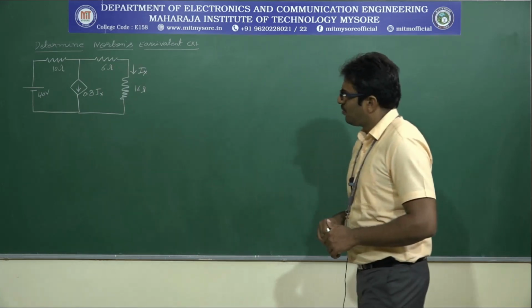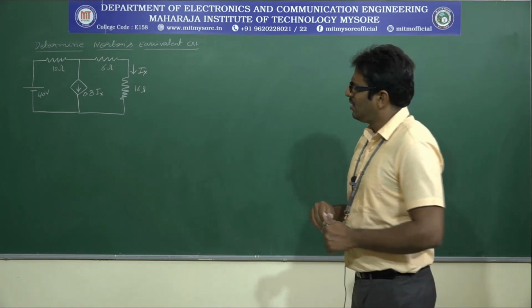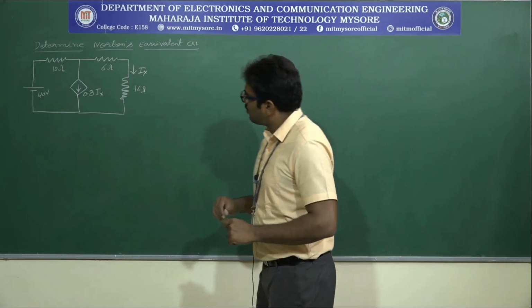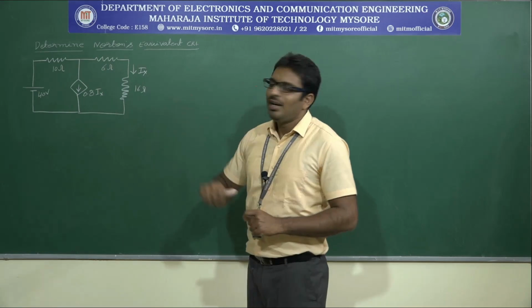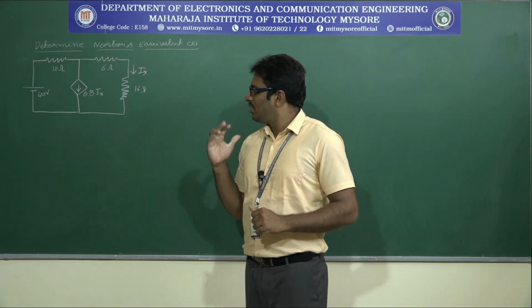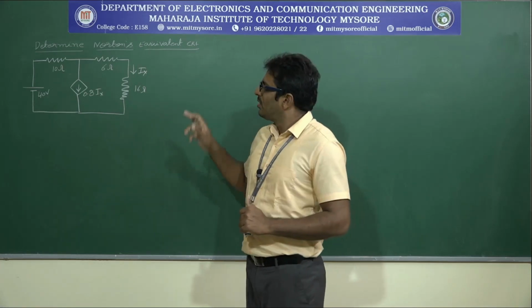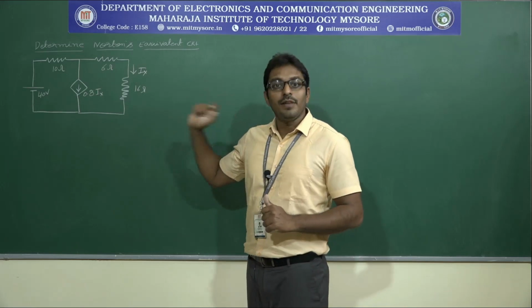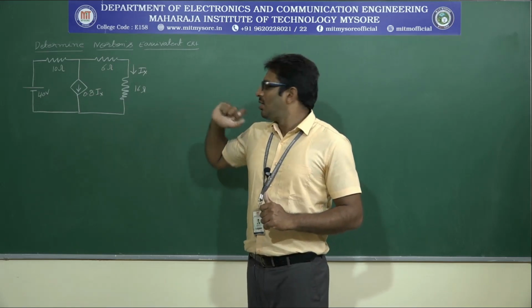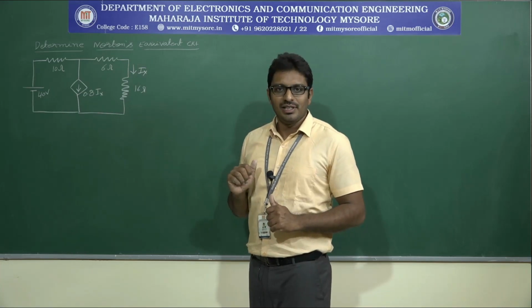See the problem statement. Determine Norton's equivalent for this circuit. So, it is a somewhat different problem. We can see a dependent source here. Whether it is in Thevenin's theorem or Norton's theorem, if the circuit consists of a dependent source, the procedure to find R naught is different. Is that clear?